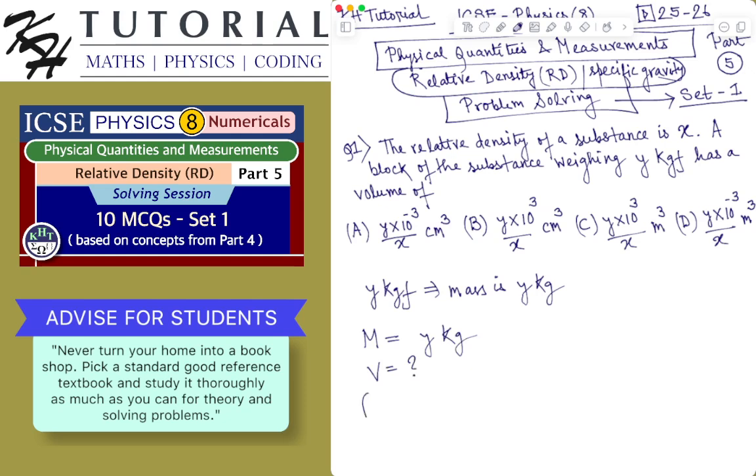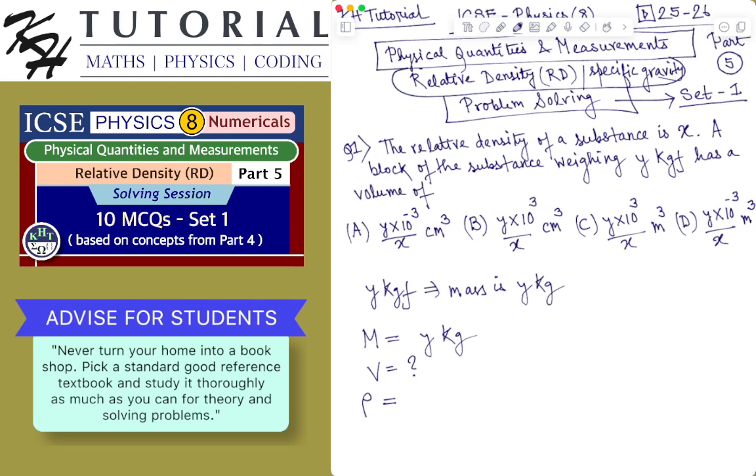We need the density. If we somehow know the density of the substance, basically the density of the block means the density of the substance, then we can easily find the volume. How do we know the density of the substance? We can easily know it from the relative density. The relative density of the substance is given as X.